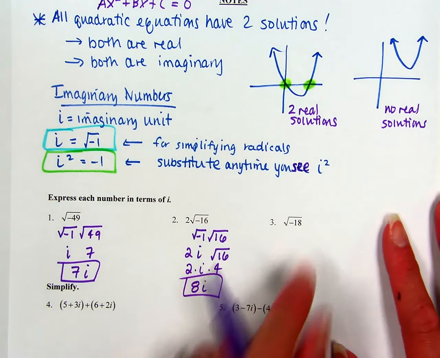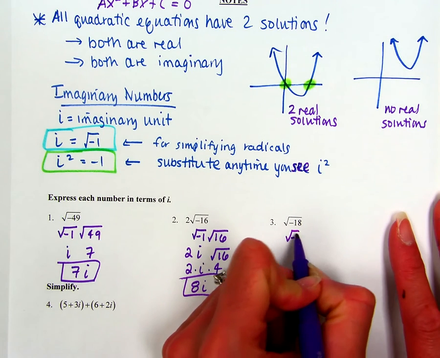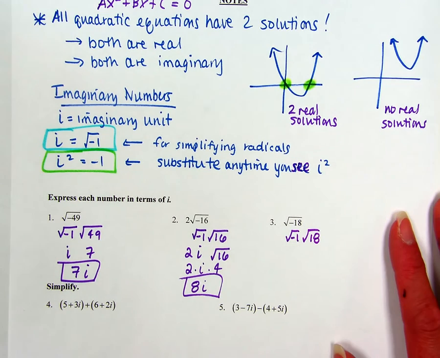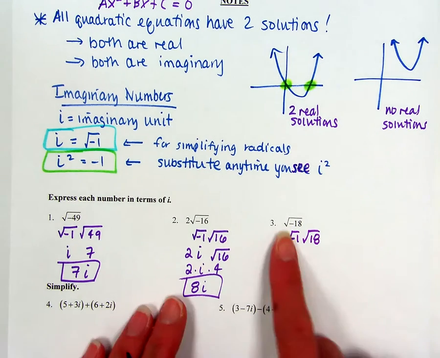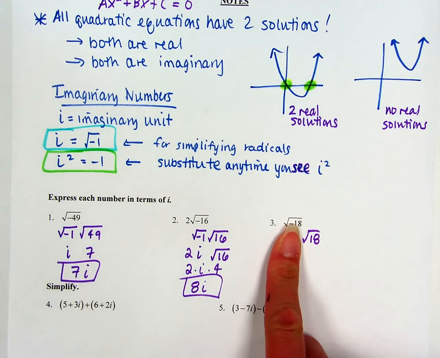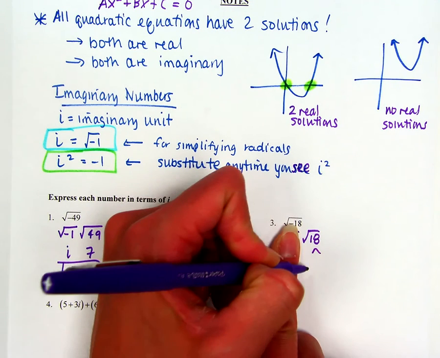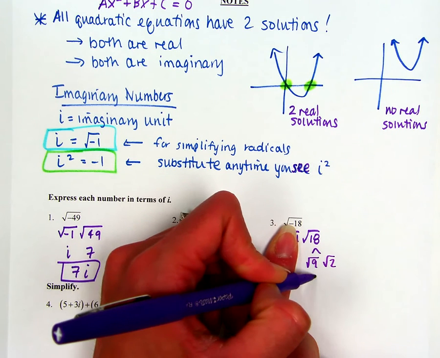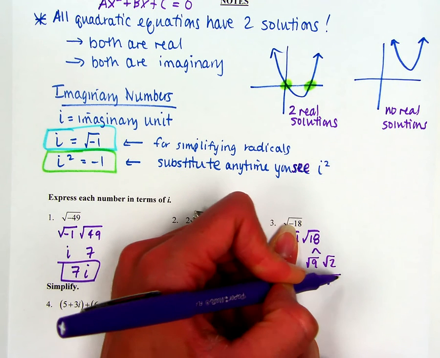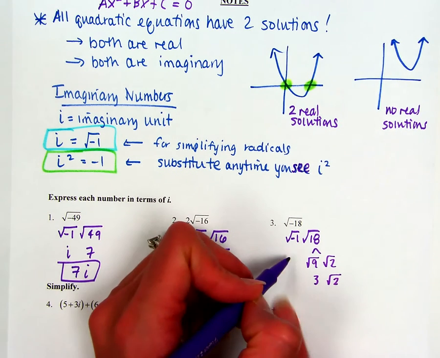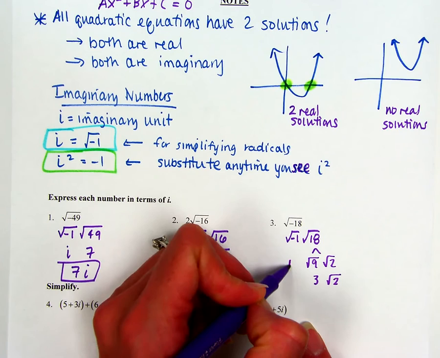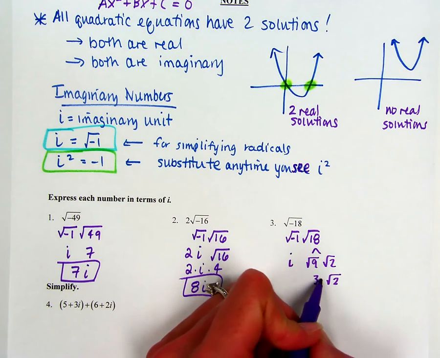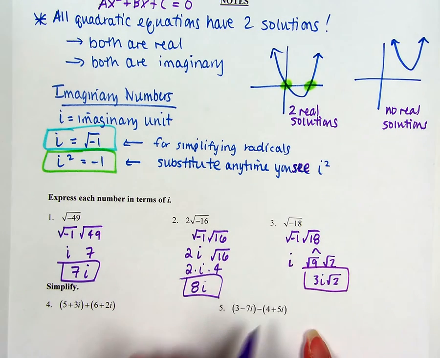All right, and then this last one, we have -1 times 18. That's the same thing as -18. So just simplify this like you would normally. From yesterday, we think of what's a perfect square that goes into 18, 9 and 2. Square root of 9 is 3. This is radical 2. And then because of this -1, you're taking the square root of that. That's i. You can just say 3i root 2.